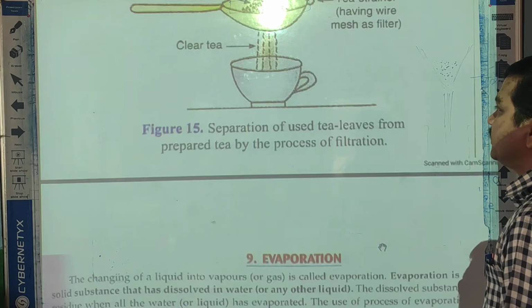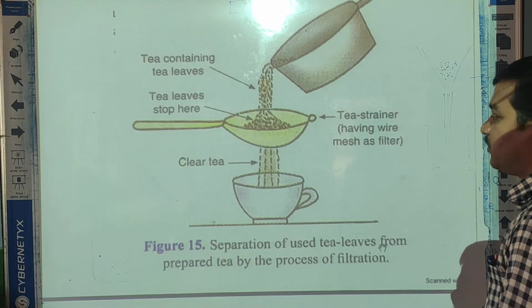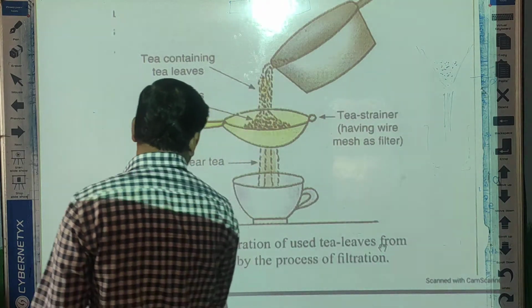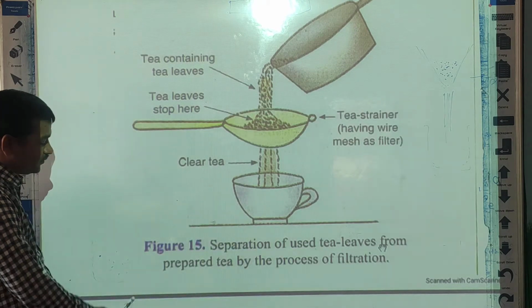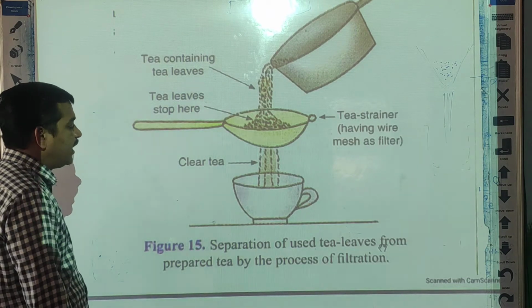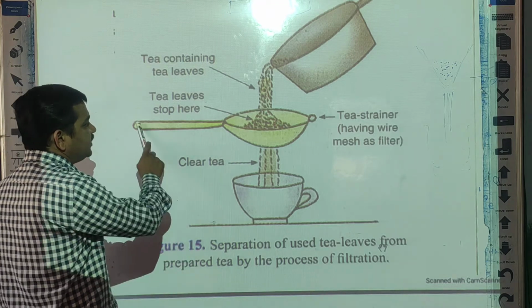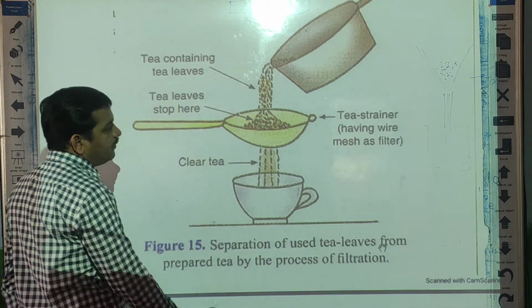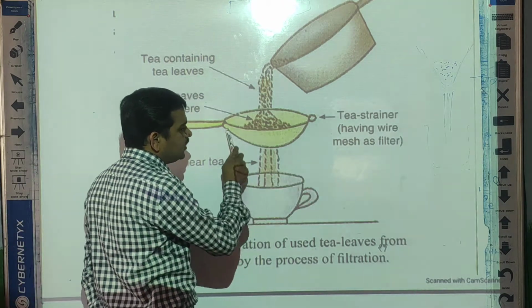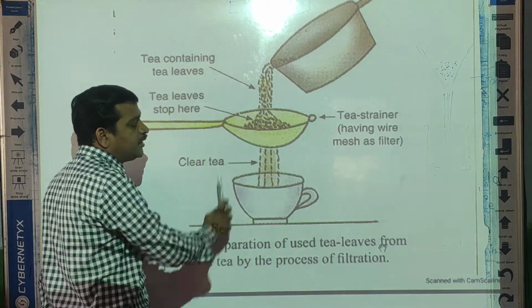Next method, students. You can see here, this is the example of a tea strainer. Already I explained to you the separation of used tea leaves from prepared tea by the process of filtration. This tea strainer has a wire mesh filter, and this filter has many tiny holes.